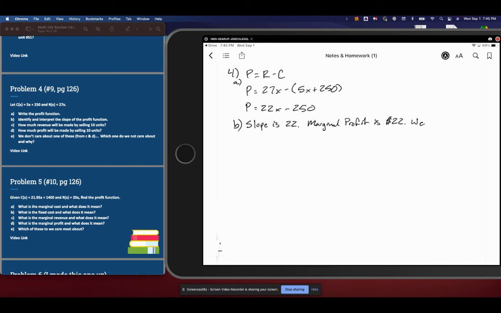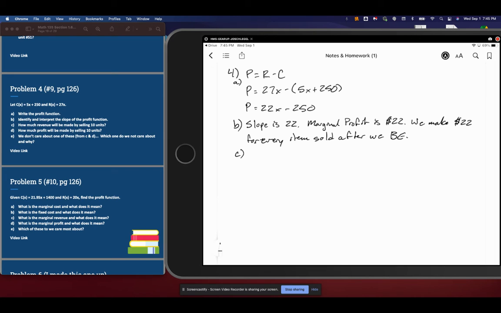So we make 22 bucks for every item sold after we break even. Always important with profit to mention that you have to break even first before any of that money becomes yours.